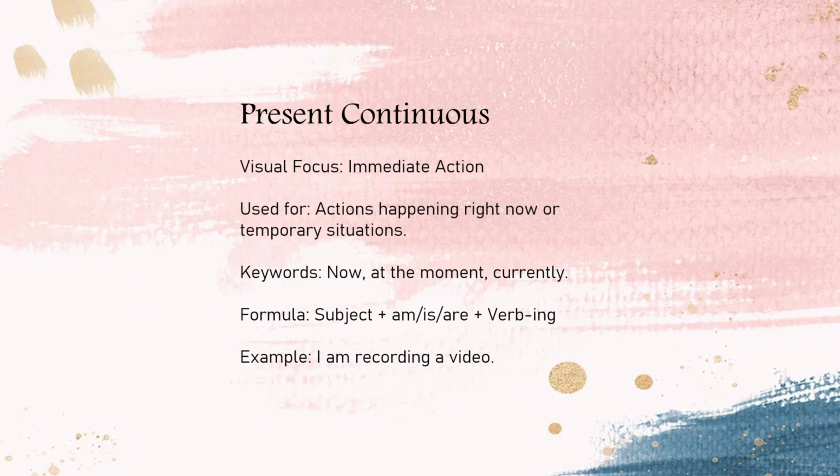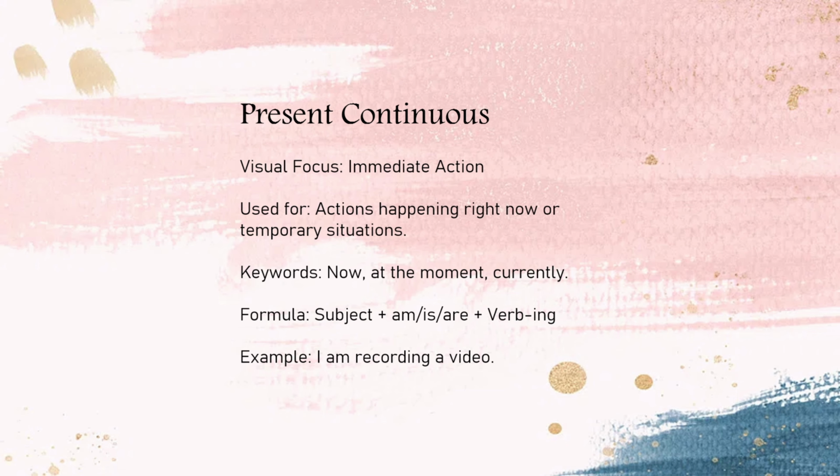Okay. Next is the present continuous. This is for actions happening right now at this very moment. So the formula for this is subject plus am, is, or are, so these depend on the subject. For example, if it is I, you're going to use am. If it is she, you're going to use is. And if it is a group of people, for example, they, you're going to use are.